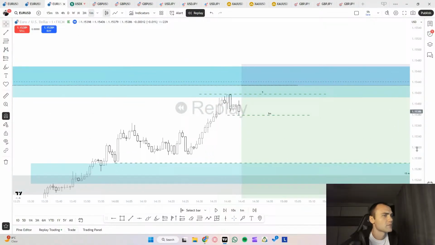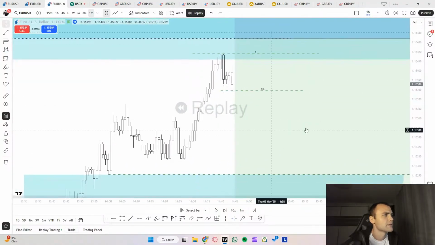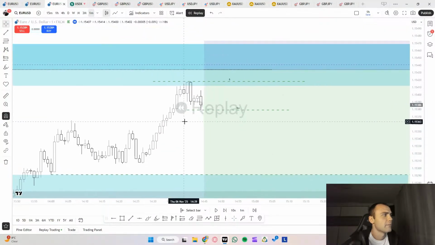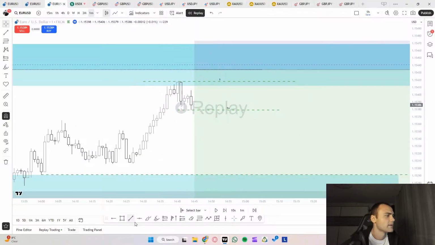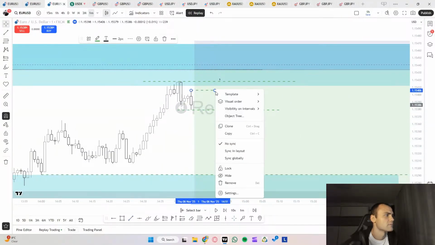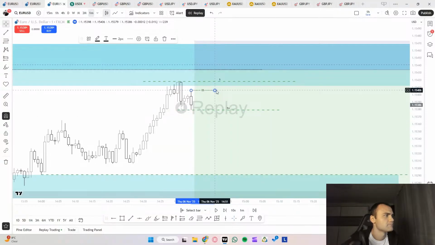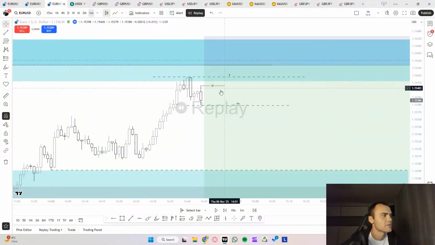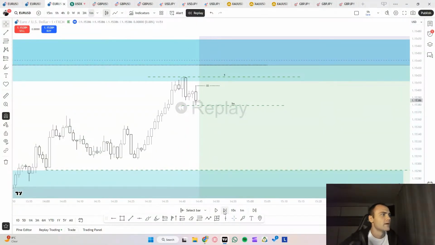Then I went to 1 minute, basically, to see what's going to happen. I have seen that the level is likely to continue, and then I drew some liquidity here, and watched the price take out the liquidity, and not only that, but close bullish.